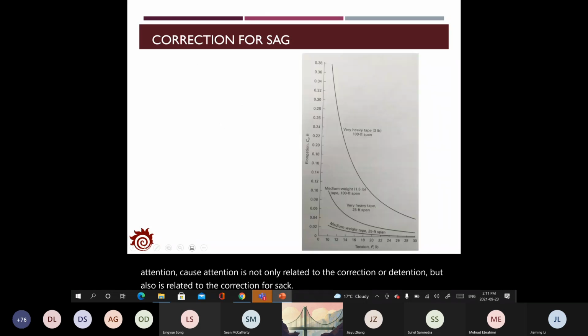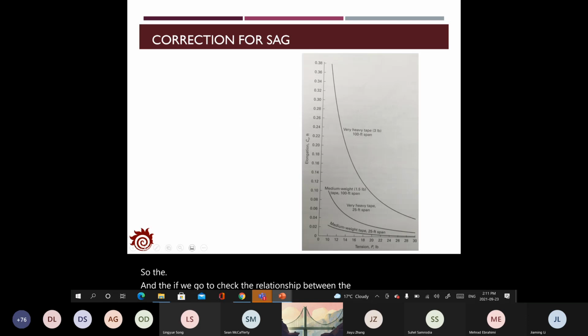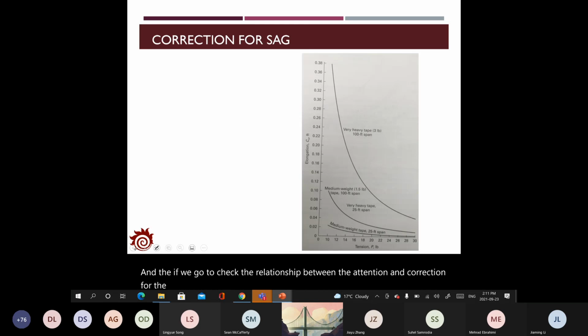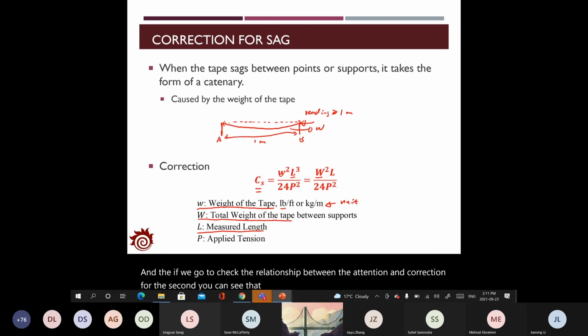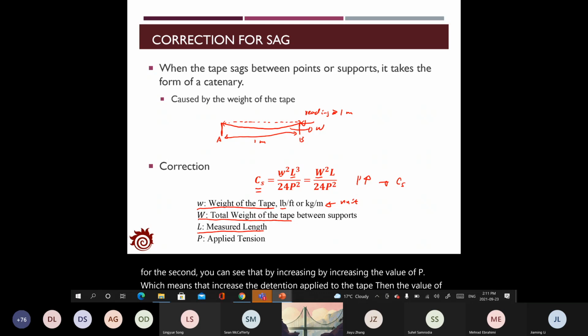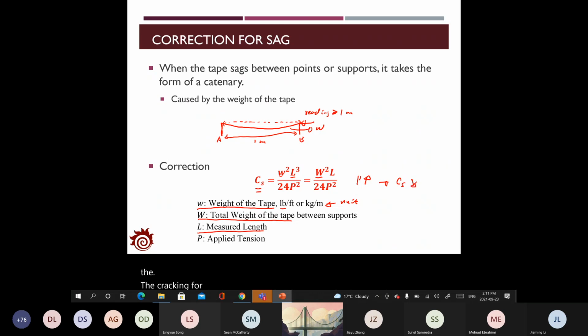If we check the relationship between the tension and the correction for the sag, you can see that by increasing the value of P, which means you increase the tension applied to the tape, the value of the correction for sag will reduce.